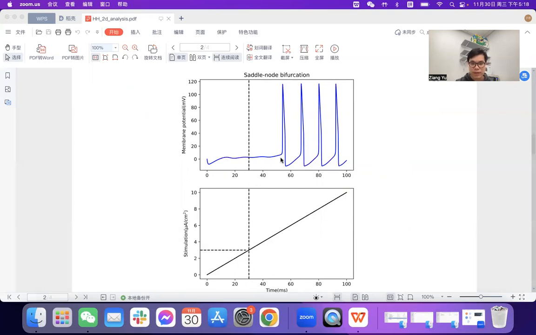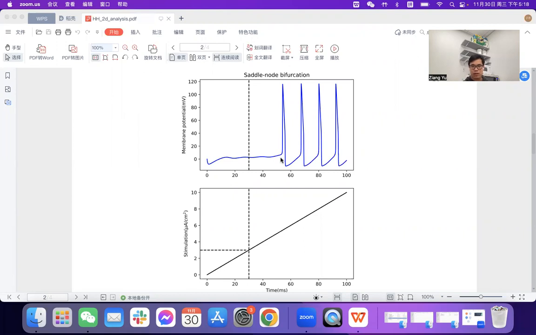Apparently there is some kind of threshold there, but we cannot tell exactly what the threshold is just from this figure, because there is some kind of lag in this situation. If the stimulation increases past the threshold, the neuron will not spike immediately.